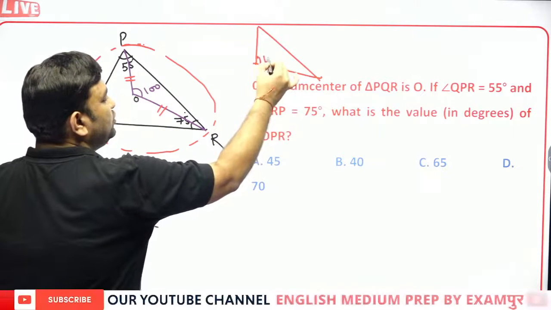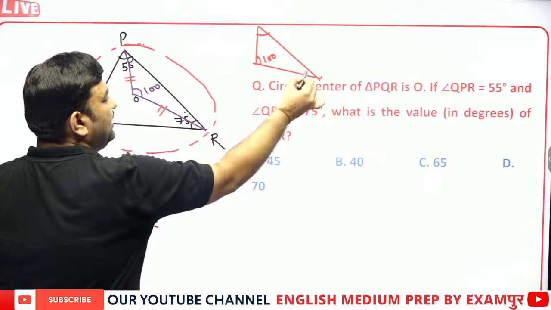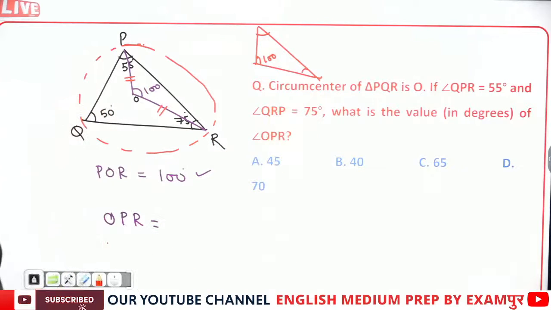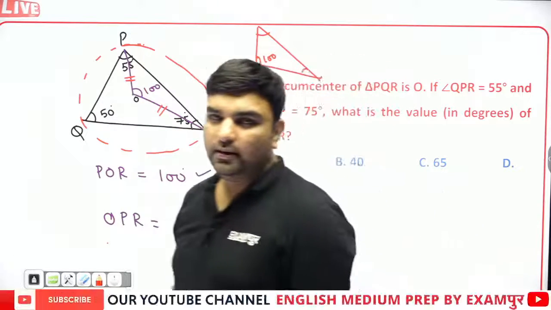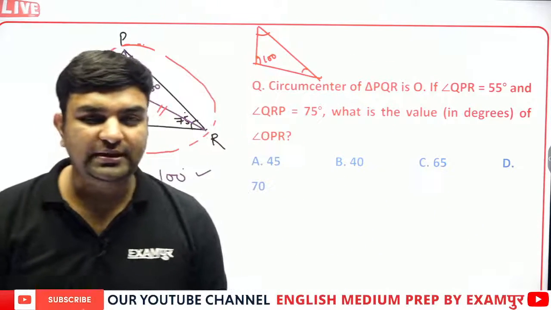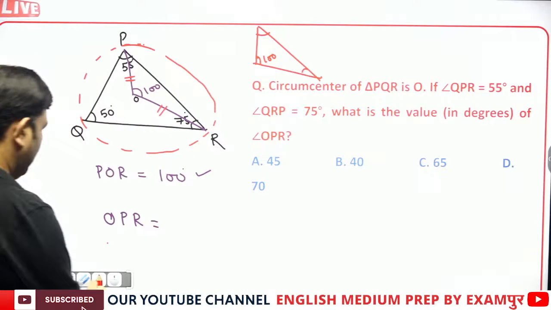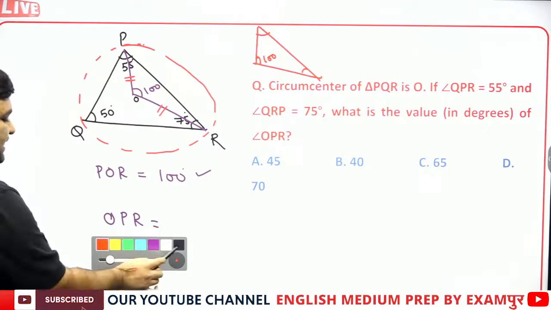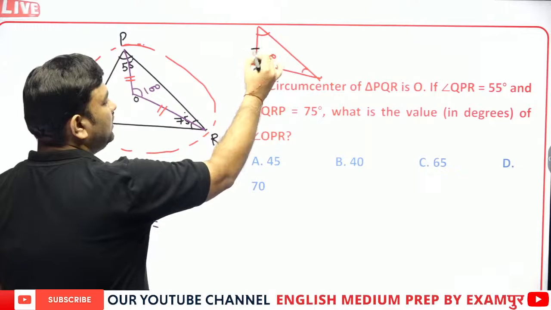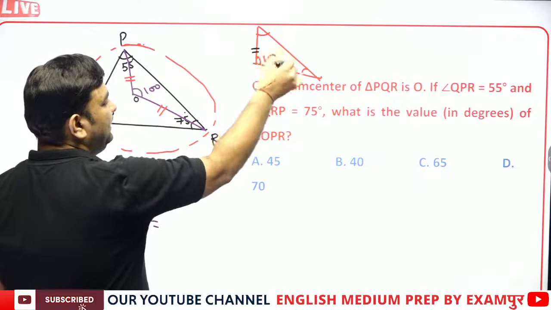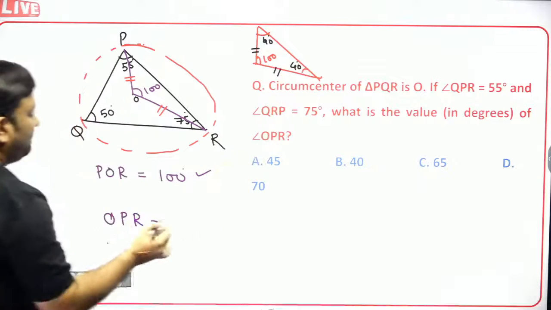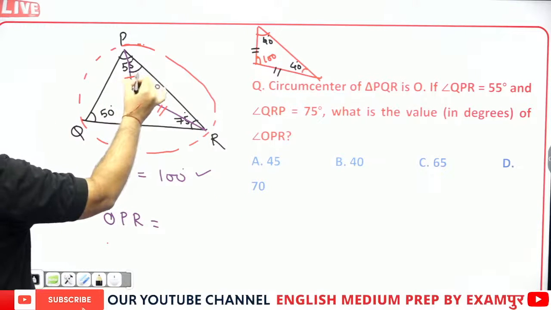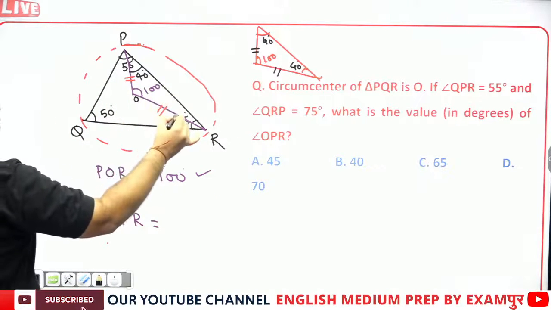After 100, you have to divide the remaining angle into two equal parts, because angles opposite to equal sides are also equal. 80 is remaining, divided into two equal parts, 40 each. So OPR is 40.